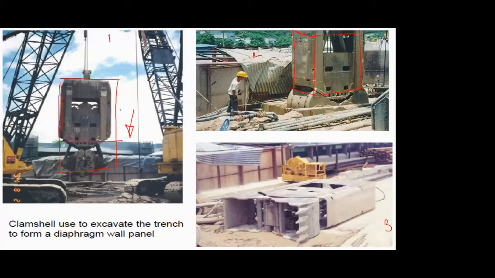The second one is the grab coming up after excavating or grabbing all the soil. And the third one is just a clamshell or grab which is kept on site open. Okay. So this is the second step, that you have to excavate the trench.